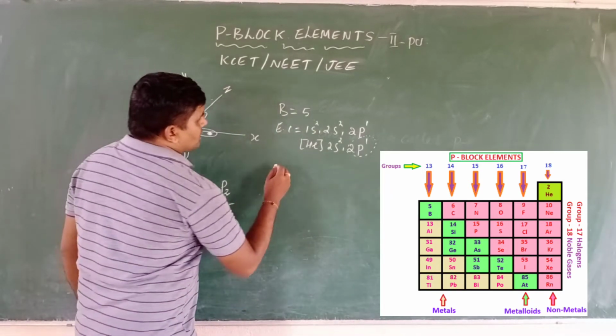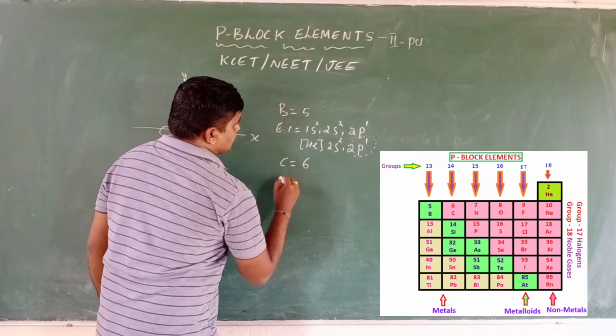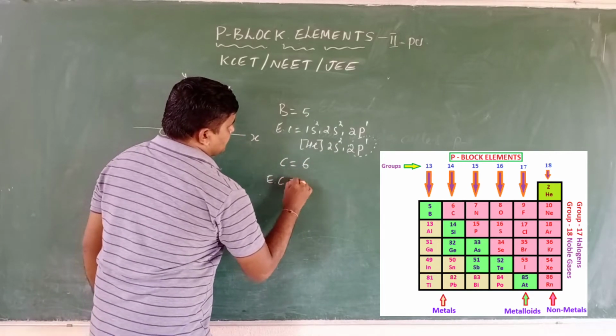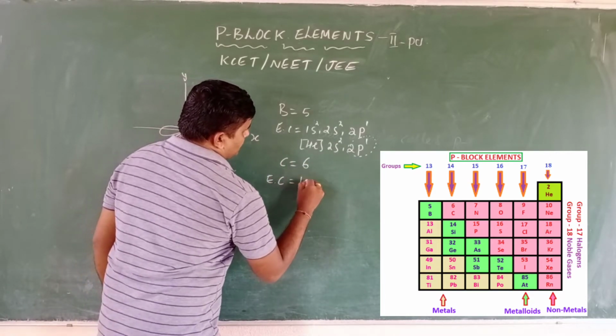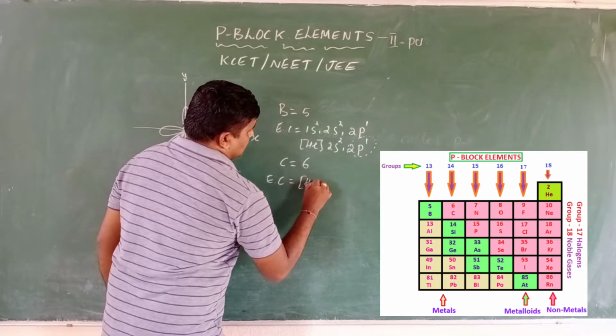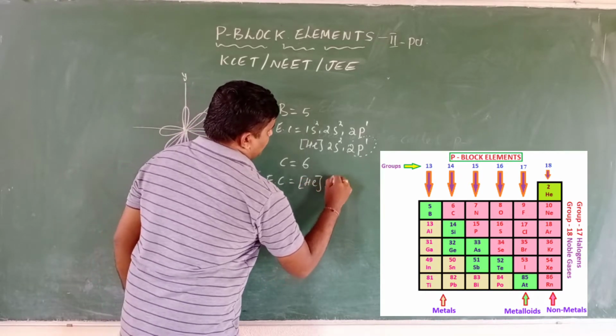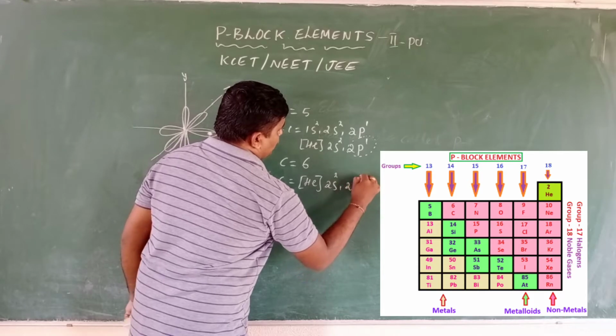If you go for carbon, atomic number is 6, so electronic configuration is helium 2s2 and 2p2.